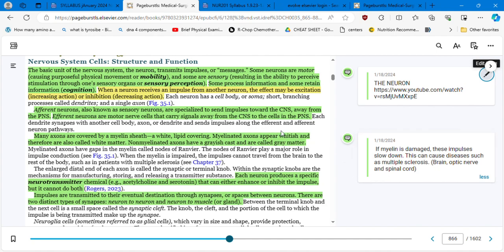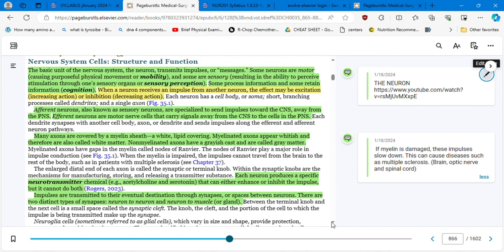That's why you have to remember the parts of the neuron. Many axons are covered with myelin sheaths. A white lipid covering, myelin, makes axons appear whitish, and therefore it is also called white matter. Non-myelinated axons have a grayish cast and are called gray matter.